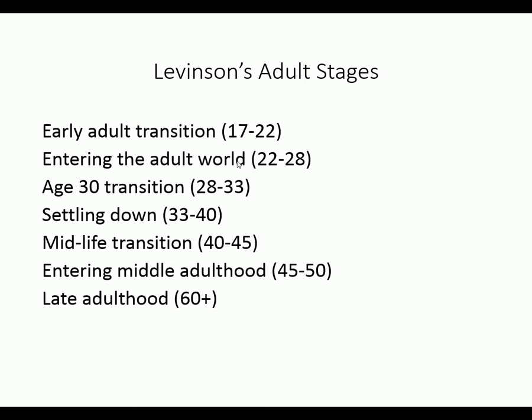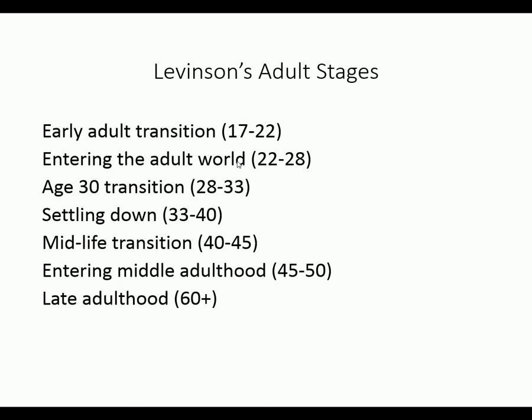So, early adulthood transition is focused on ending that pre-adulthood time in your life from 17 to 22 and beginning the early adulthood. You're going to look and question your place in the world, your relationships. They're going to try to cut those ties from their parents and other groups that they've had during their adolescence.